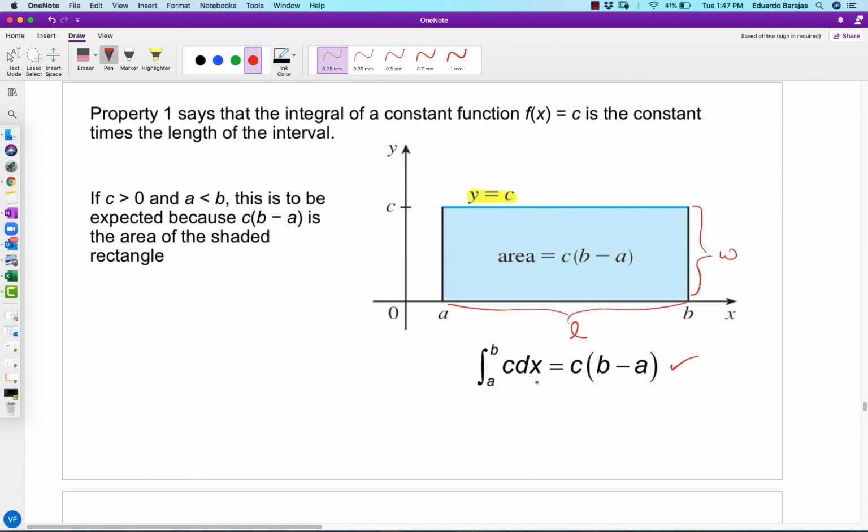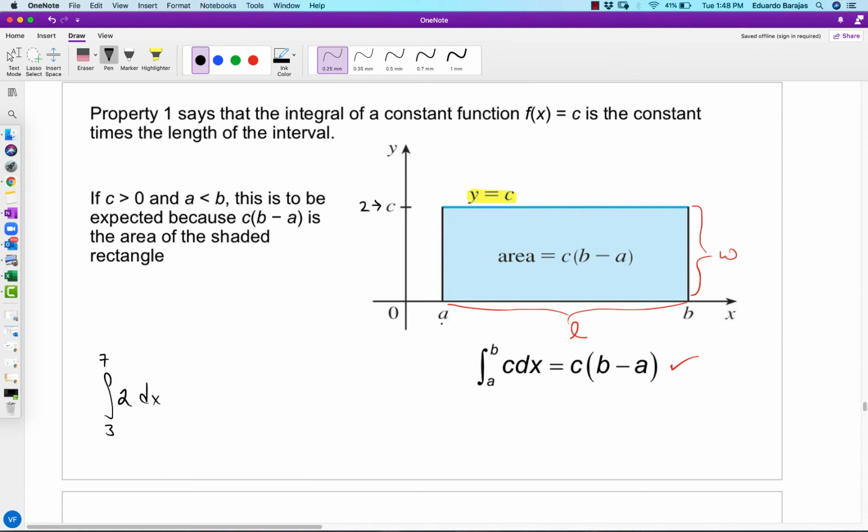Okay, so for example, if we were asked to integrate from 3 to 7 the constant 2 dx, well then picture-wise, the number 2 would go here. This would be the line y equals 2.